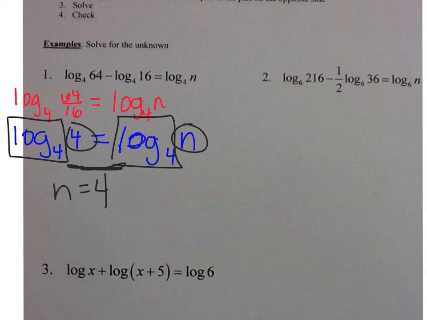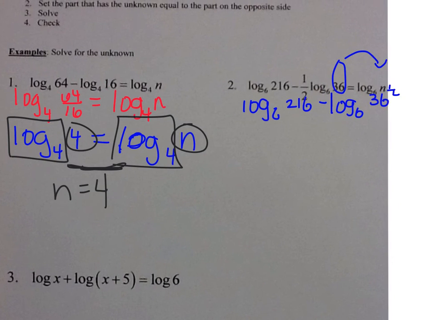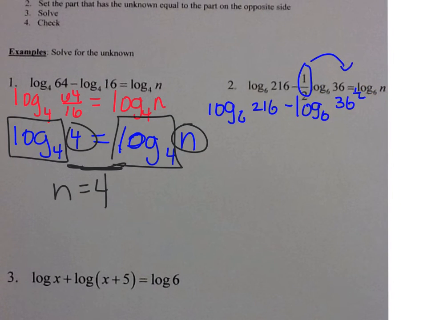All right, so the first thing I'm going to do is start condensing. So I notice I have this exponent, this 1/2 in front has to go back to the exponent. So log base 6 of 216 minus log base 6 of 36 to the 1/2 power equals log base 6 of n.